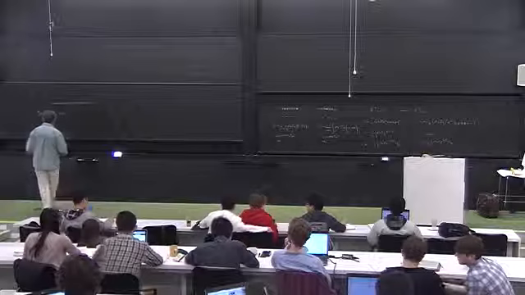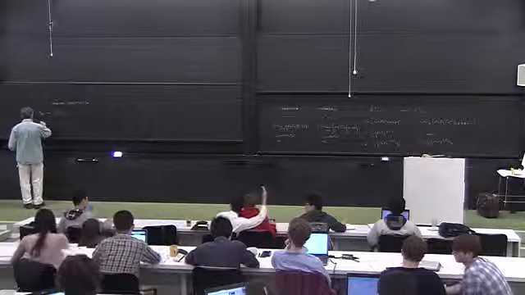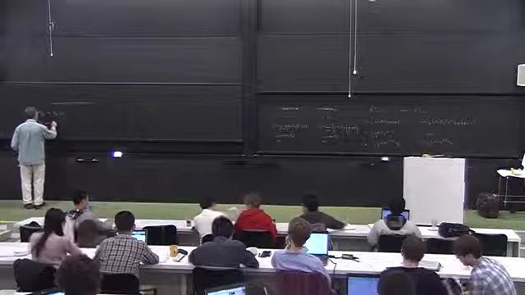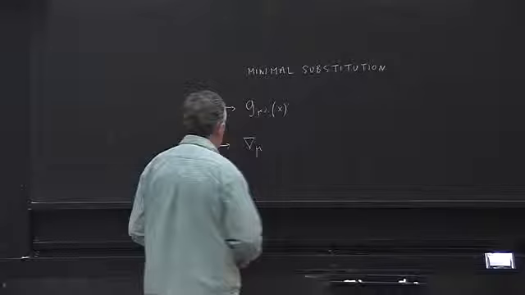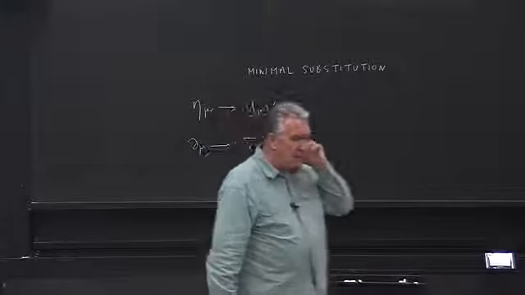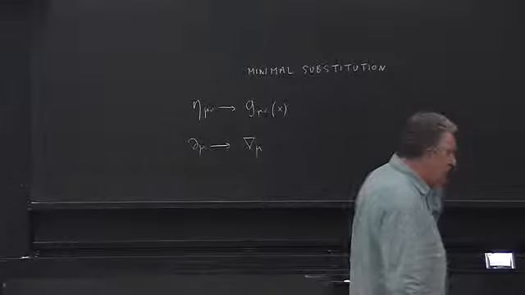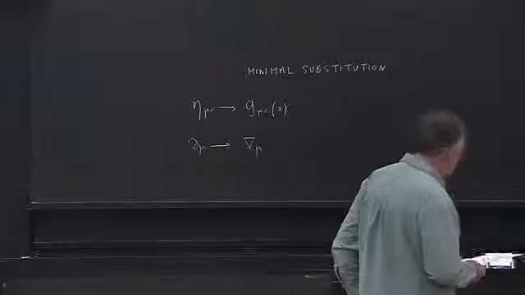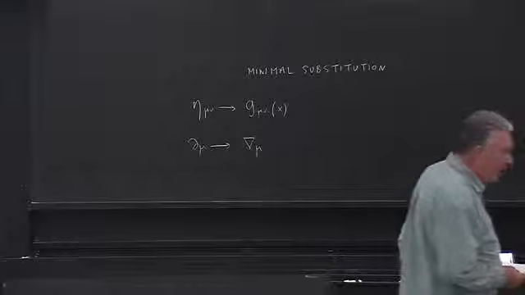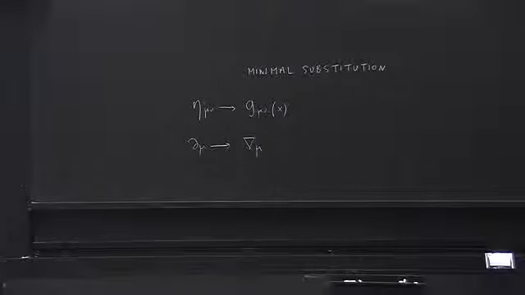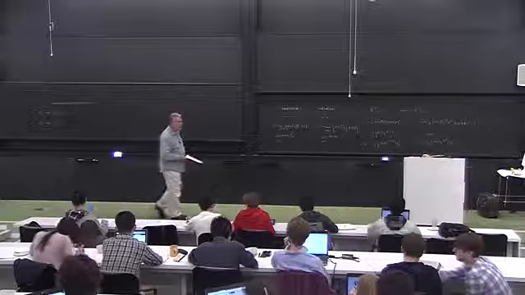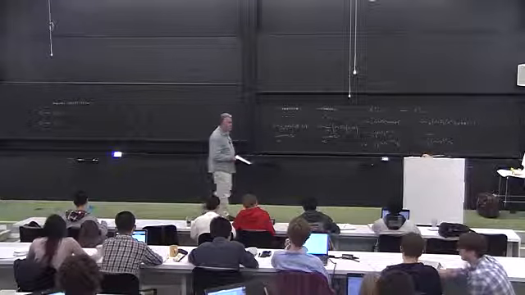Minimal substitution says everywhere you see a Minkowski metric, you replace it by a Riemannian metric, and everywhere you see an ordinary derivative, replace it by a covariant one. Now that guarantees that your equation is generally covariant.